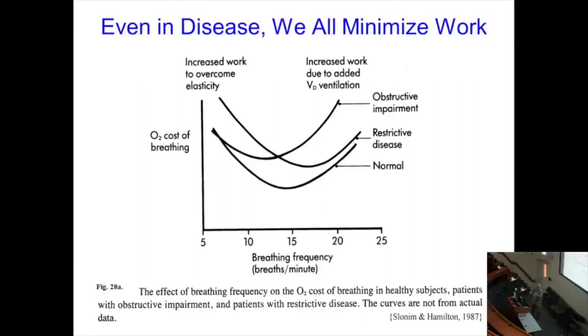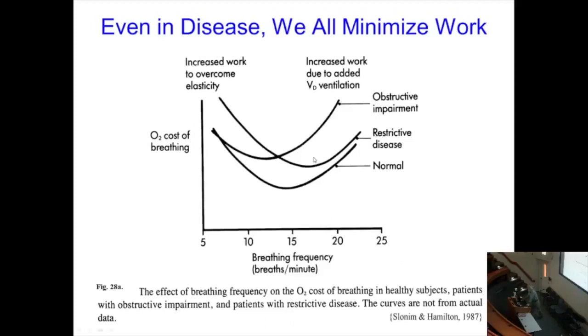So we're having to do more work against elastic recoil, and so the person with restrictive disease has more work at low frequencies where the work is mainly against elastic recoil, and the minimum work occurs at a higher frequency range than in a normal person. So a person with pulmonary fibrosis will probably breathe at a higher than normal rate and maybe with more rapid, shallow breaths. They do this because this is the most efficient way for them to breathe. This minimizes their work of breathing.